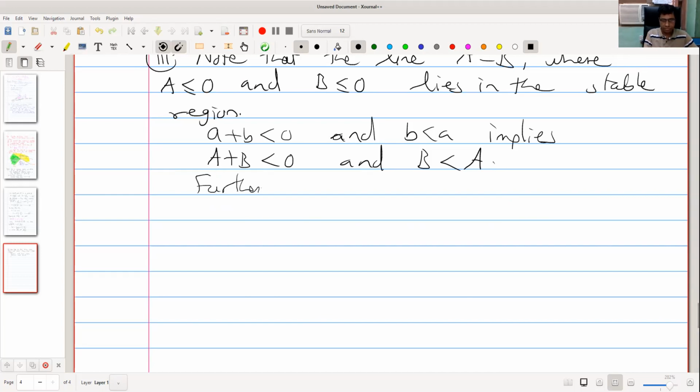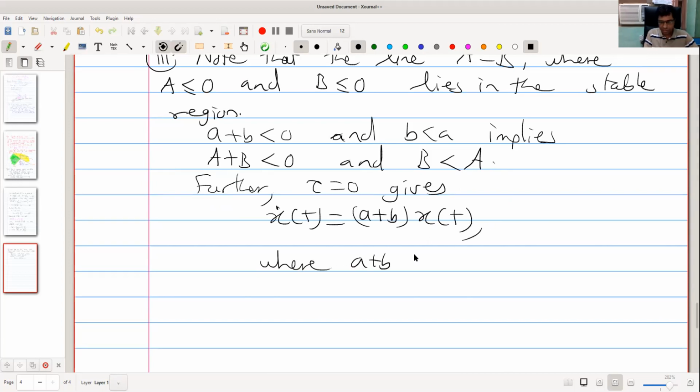Further, tau equal to 0 gives x dot of t equal to a x of t plus b x of t, since tau equal to 0 means no delay, where a plus b is negative. Therefore, coefficient is negative means stable solutions. So tau equal to 0 gives stable solutions and all these parts in the stability region.